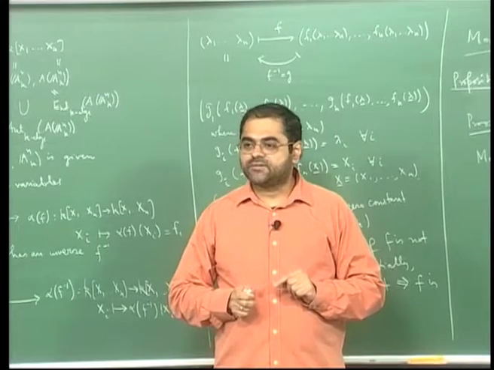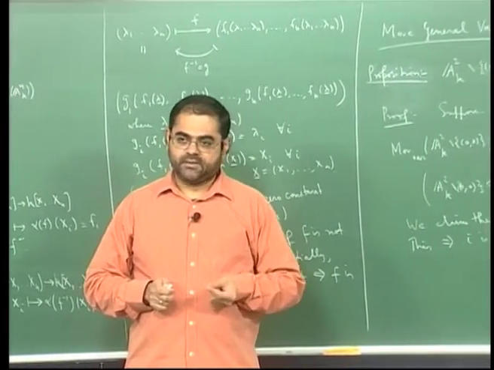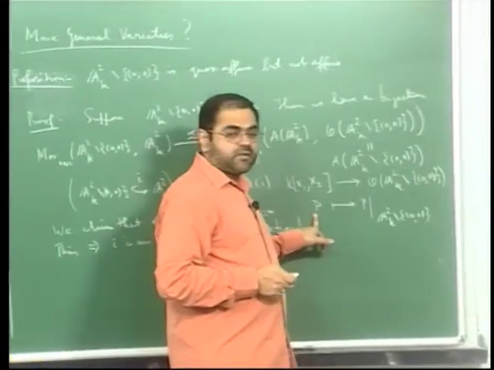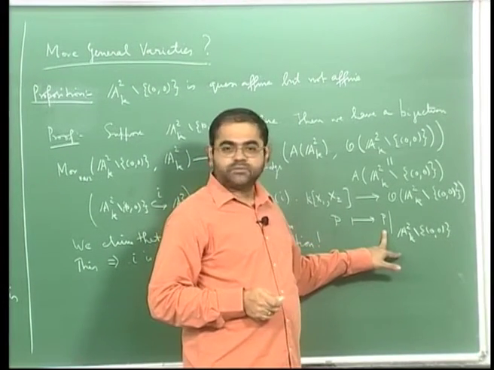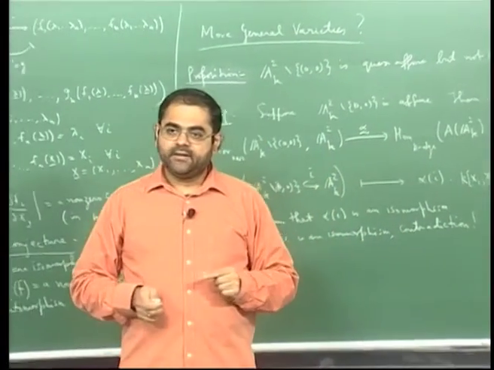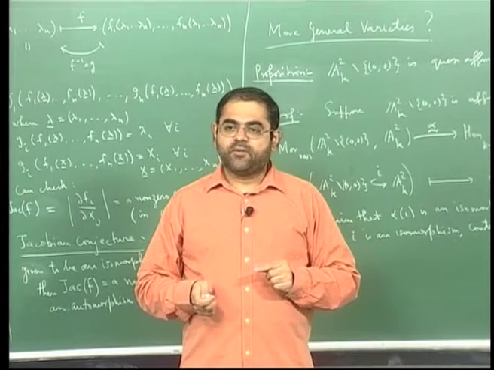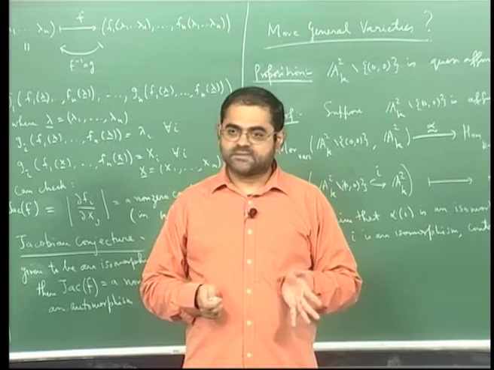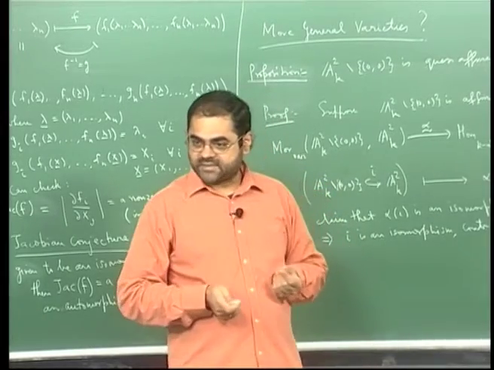By showing its kernel is 0, because after all it is a k-algebra homomorphism. To check it is injective I have to just show its kernel is 0. So if I have a polynomial which, when restricted to A2 minus a point, vanishes, then it vanishes everywhere, because if a polynomial vanishes on a set, it will also vanish on the closure of the set, because of the continuity of a polynomial for the Zariski topology.